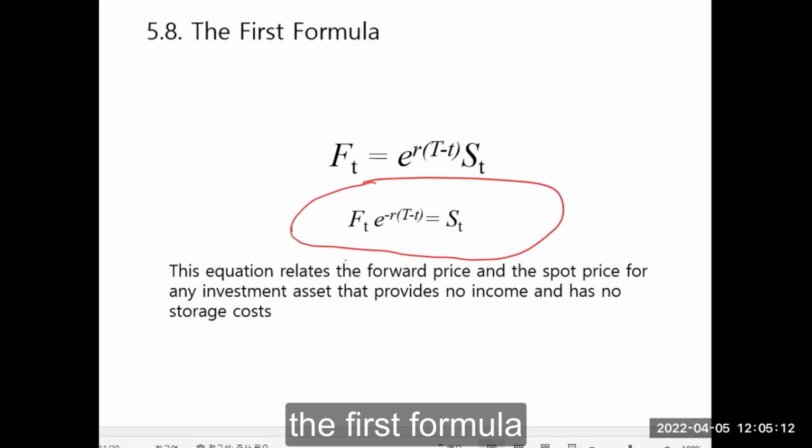And now you should be able to see why this is the cost of buying the thing in the forward market, because F small t represents the amount that you agree to pay. And this is the present value of that amount. So we are thinking of the present value of how much it costs to buy things in the forward market. And we are comparing that to the cost of buying the same thing in the spot market.